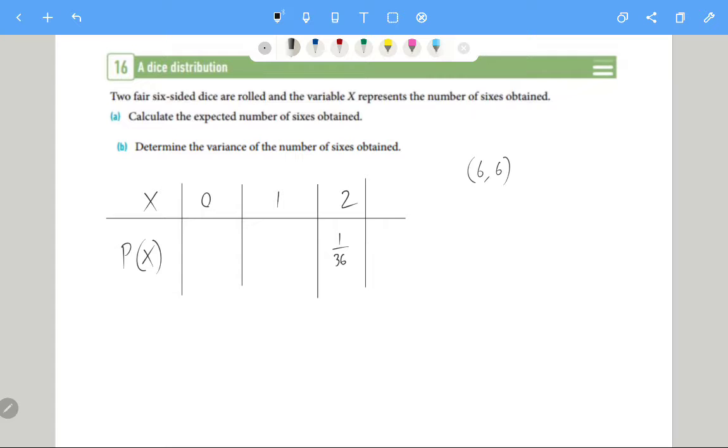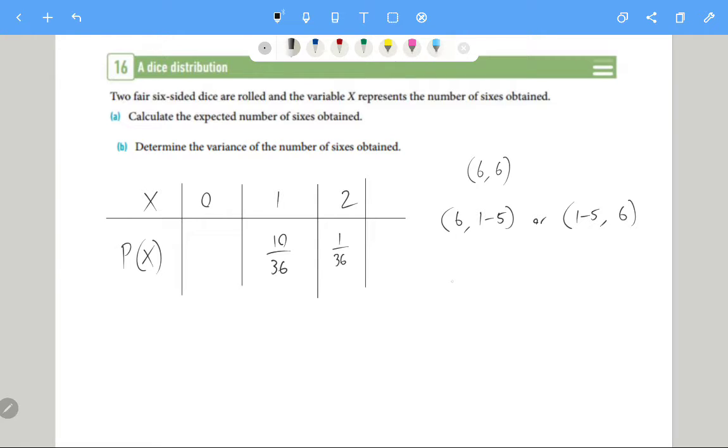Now, let's think about how many different ways I could get a 1. Well, either I get a 6 on the first roll and then a 1 to 5 on the second roll, or I do the opposite, right? I get a 1 to 5 on the first roll, and then in the second roll I get a 6. So this represents 5 different outcomes, this represents 5 different outcomes, so it's 10 different outcomes out of 36.